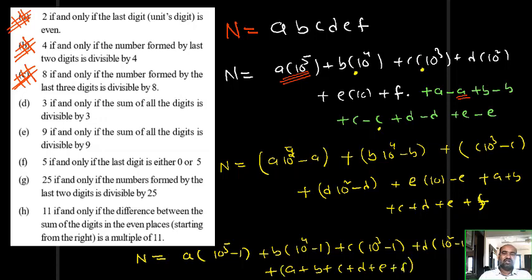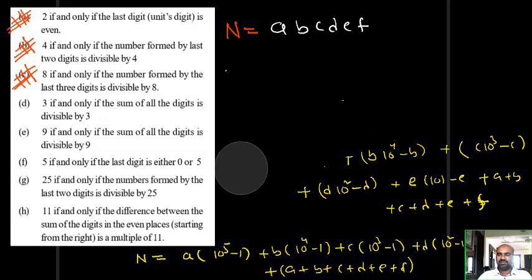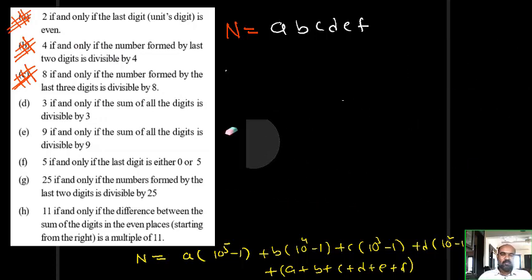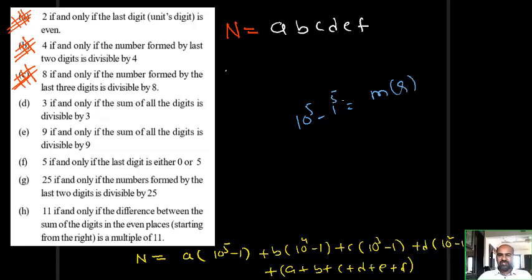Observe students, I will erase this. Observe here. 10 power 5 minus 1 is a multiple of 9 only, obviously. a power m minus b power m is divisible by a minus b if m is odd.